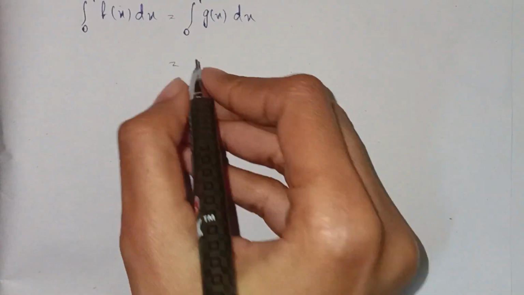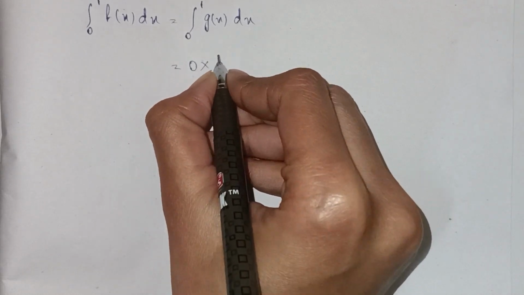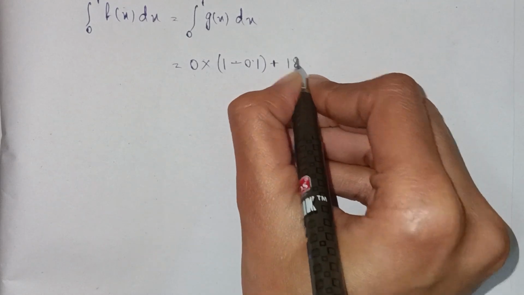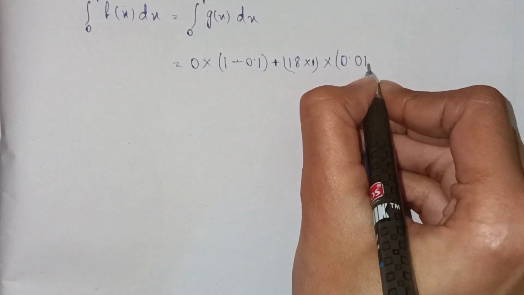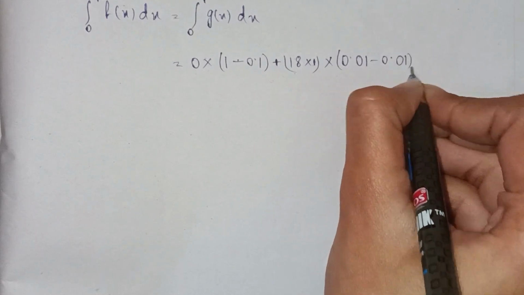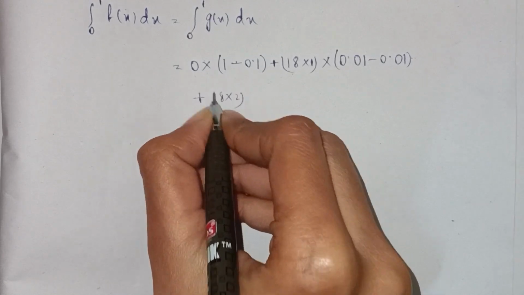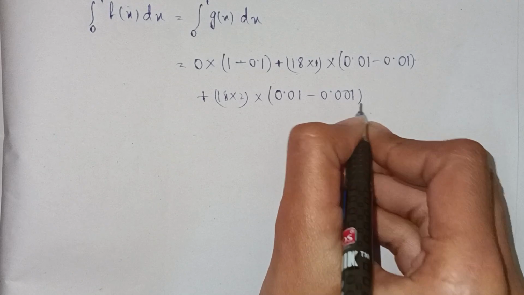Now we will put the functional value times the length of the interval, plus functional value times the length of the interval, and so on.